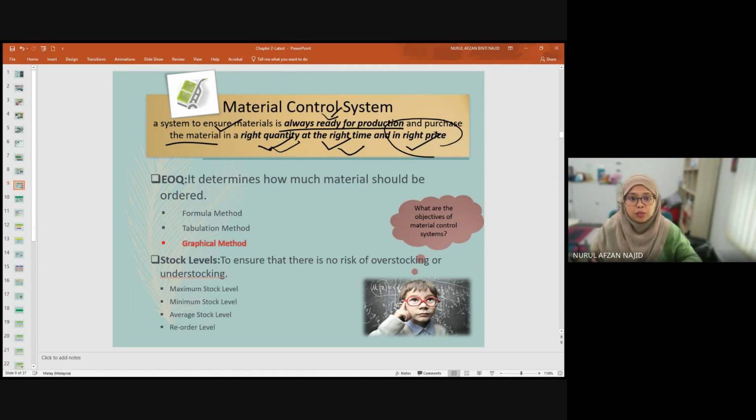So bila kita nak buat pembelian, kita kena call beberapa supplier. Kita akan tengok quotation, dan check which supplier memberikan price yang paling affordable, paling murah dalam masa yang sama menjaga quality dan juga quantity of the product. So this is the function of the material control system.